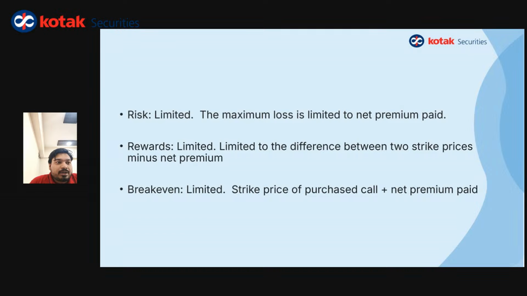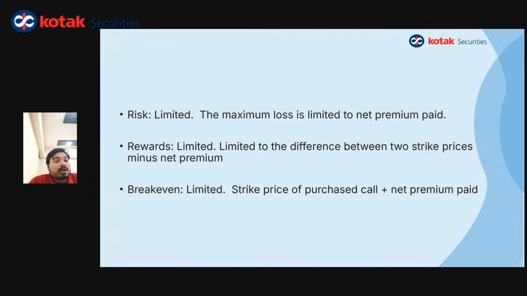So you're buying at 100 and receiving 30 rupees when selling. So the net premium you are actually giving is 70 rupees, that is 100 minus 30. So the maximum loss that you can have on this strategy would be the 70 rupees.